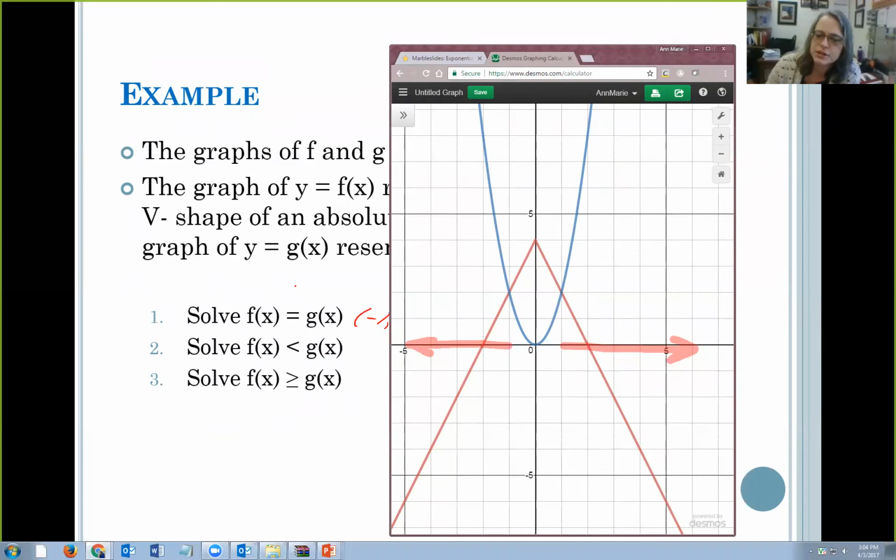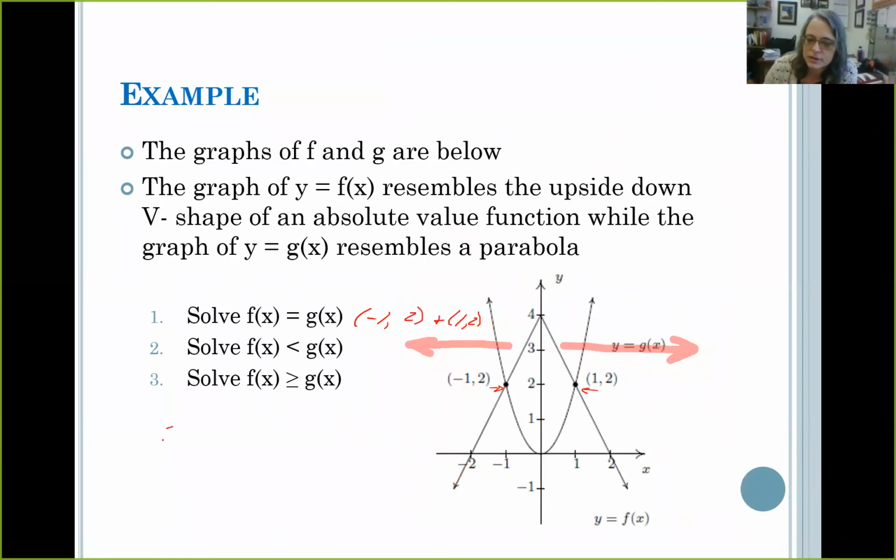So the solution in number 2 is anything less than -1. So that's going to be -infinity to -1 non-inclusive union 1 to infinity.